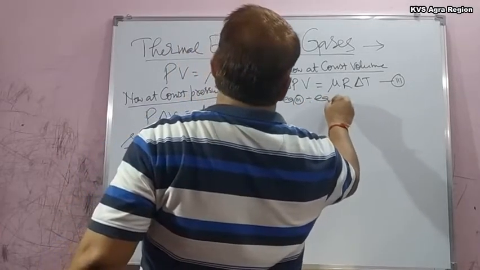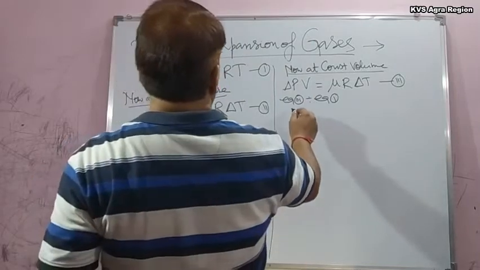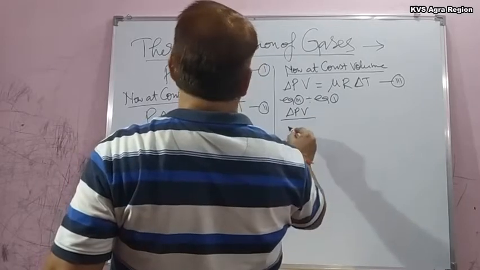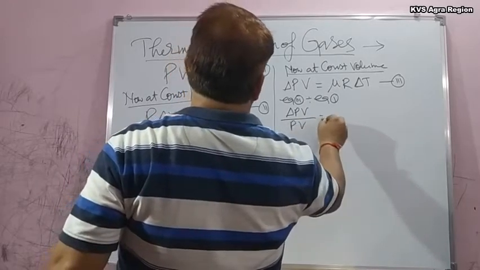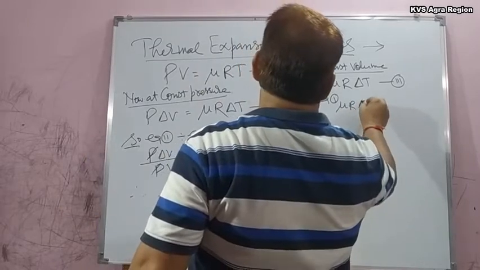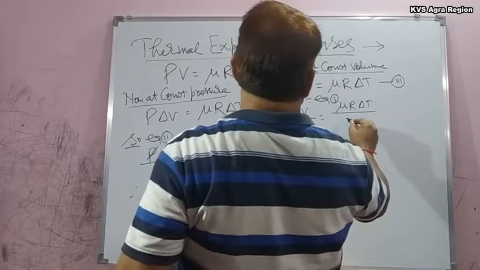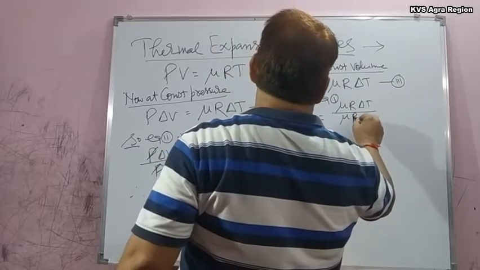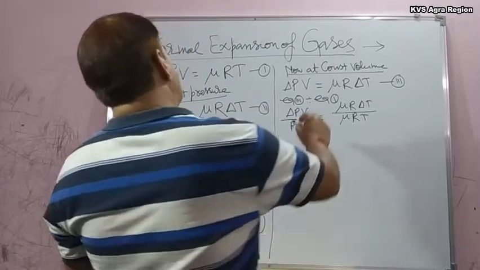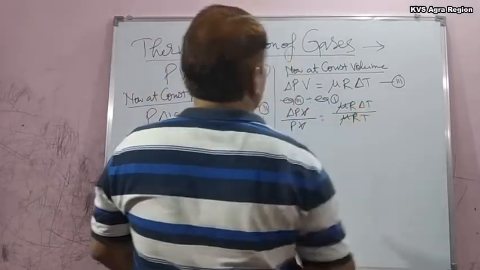Equation 3 divided by equation 1. So what we will get here: delta PV upon PV equivalent to, in the right hand side, mu R delta T upon mu R T. So in the left hand side V will cancel out, and in the right hand side mu R will cancel out.